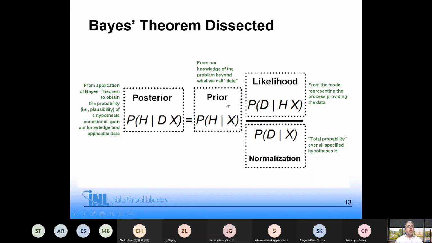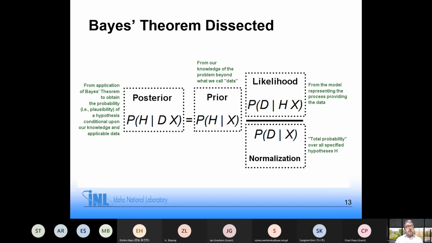We have some set of knowledge that we wrap up into a prior distribution. We have a probabilistic model and some data that go along with that process that we put together. We normalize it, and doing that gives us a posterior. In other words, we take what we know, combine that with a probabilistic model and any evidence, any data related to the process that we're representing, and we end up with a new distribution.